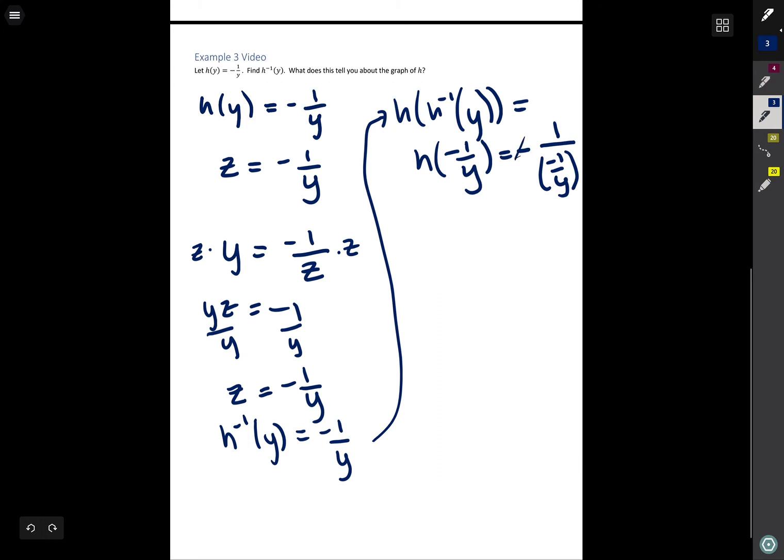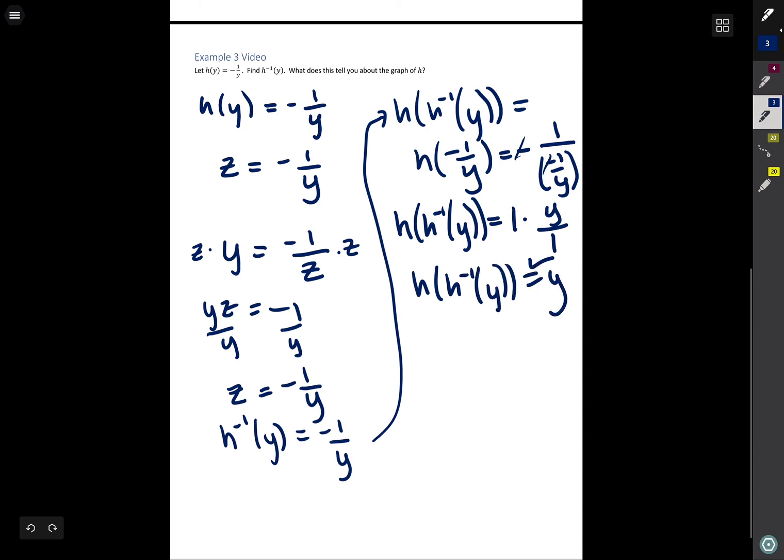So I can see that my negatives will cancel, and I have 1 divided by 1 over y. And remember that to divide by a fraction, you can multiply by its inverse, which means h of h inverse of y is y. So I did, in fact, get back where I started.